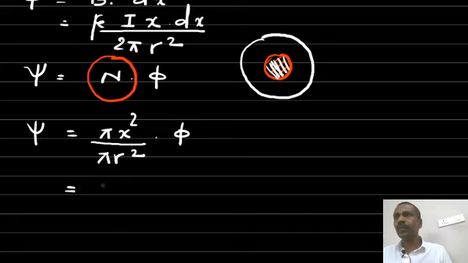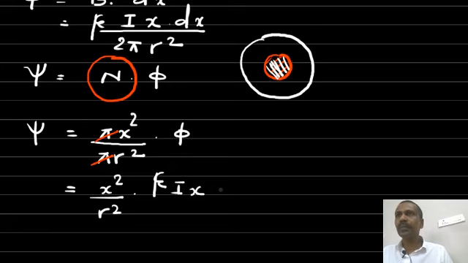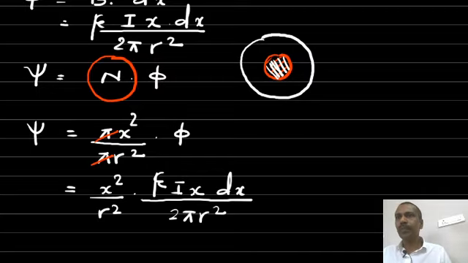So which is equal to, this pi and pi getting cancelled. So it is equal to x square divided by r square into phi. What is phi? Phi is equal to mu Ix dx divided by 2 pi r square.